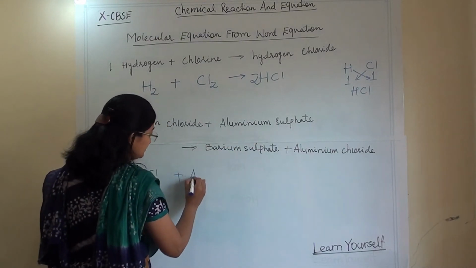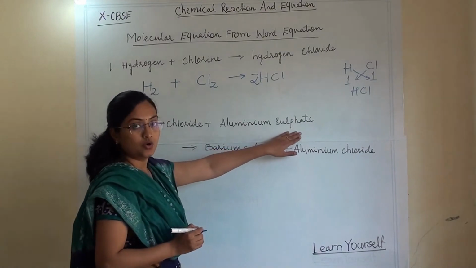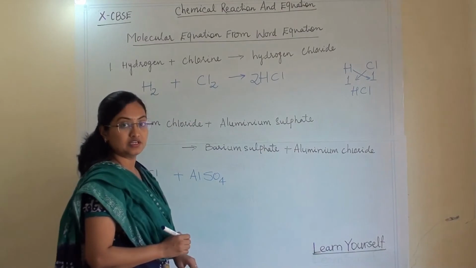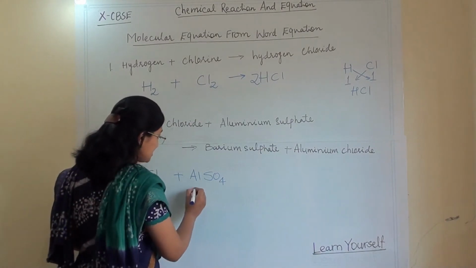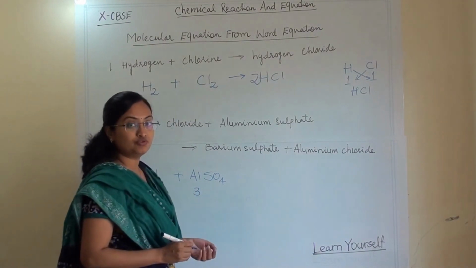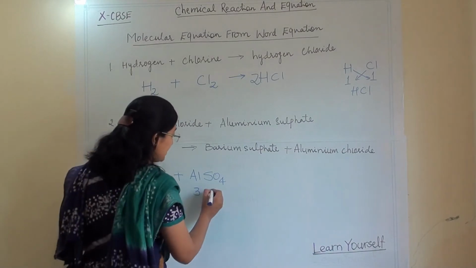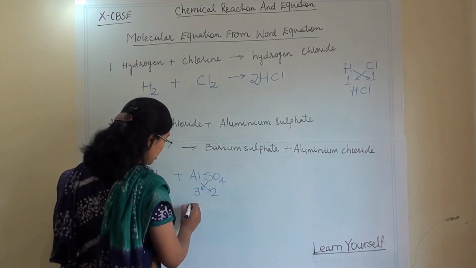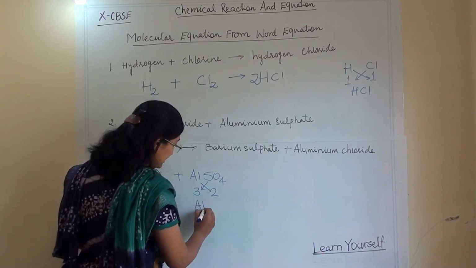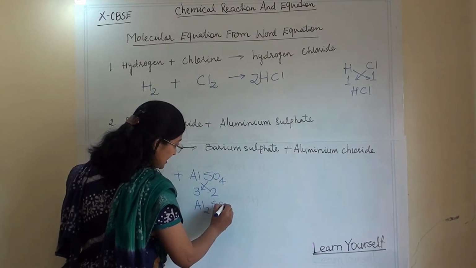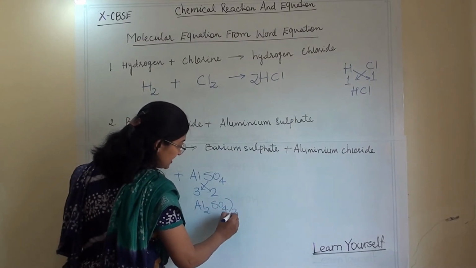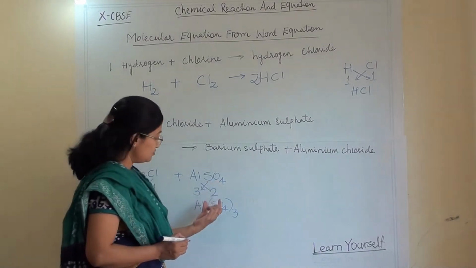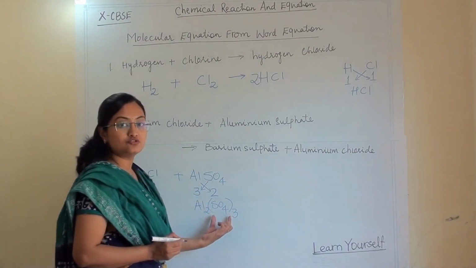Going to the next thing, aluminium sulfate. What is sulfate? SO4 is sulfate. Aluminium's combining capacity is 3 and sulfate's combining capacity is 2. So via the crisscross method our molecular formula will be Al2(SO4)3. Since sulfate is a polyatomic ion, we have to write it in brackets.